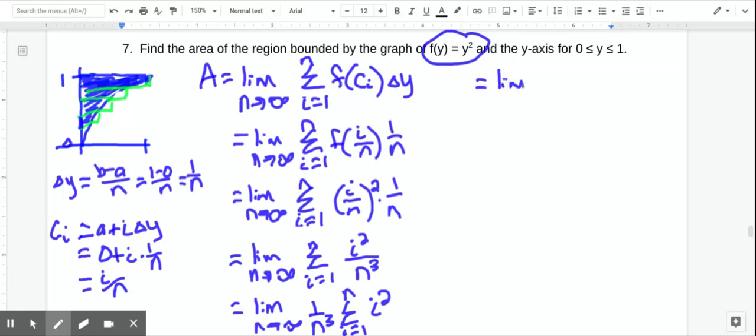So we have the limit as n approaches infinity, 1 over n cubed. And then we're going to take a look at this part right here. This, we can use one of those formulas from page, I think, 291. Should be in your notes. But the summation of i squared, that one is n times n plus 1 times 2n plus 1 over 6.